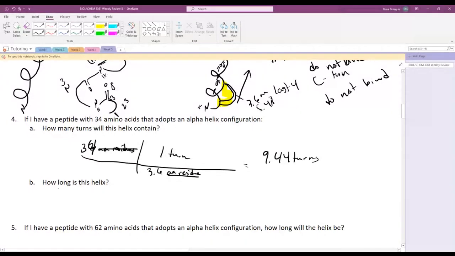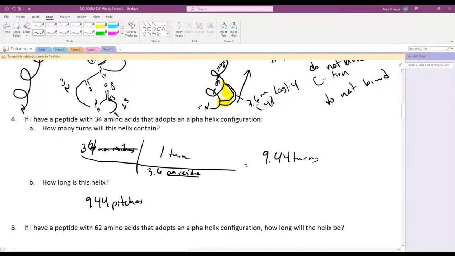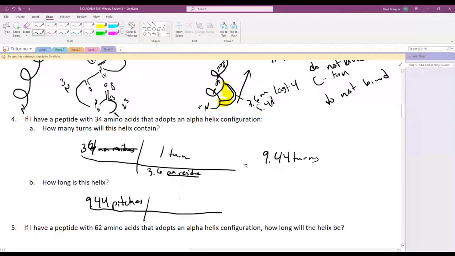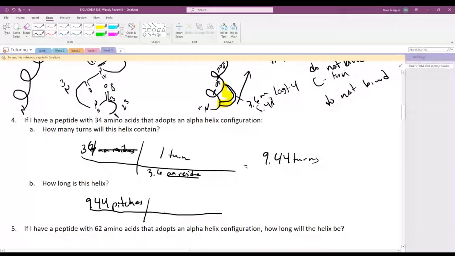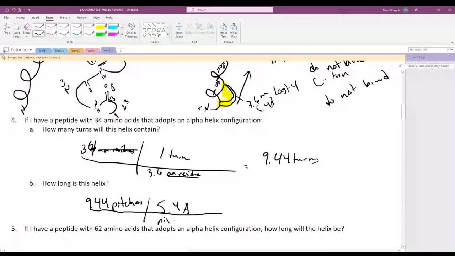All right, so now letter B, how long is this helix? Well, we know that it's 9.44 turns or 9.44 pitches, and I'm really trying to use those interchangeably because they are interchangeable. We also know that it's 5.4 angstroms per turn or per pitch.